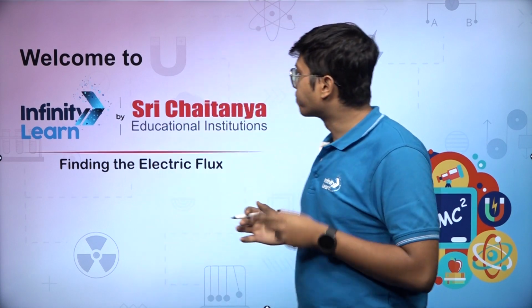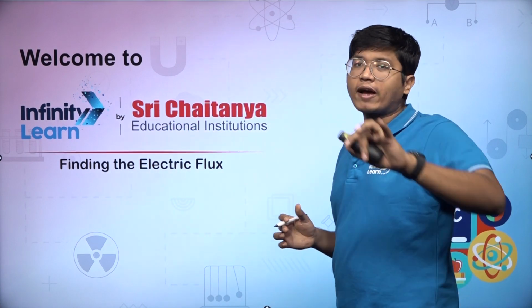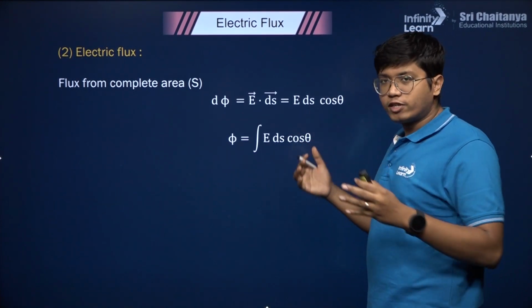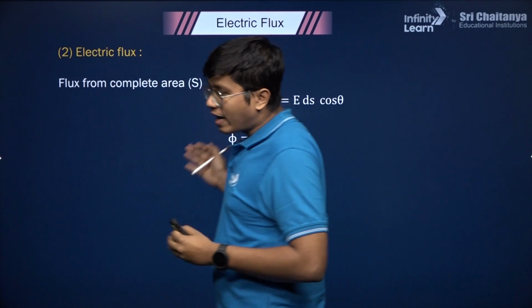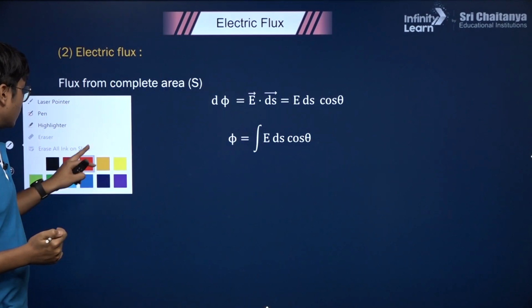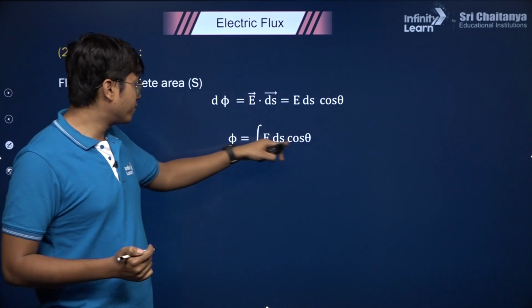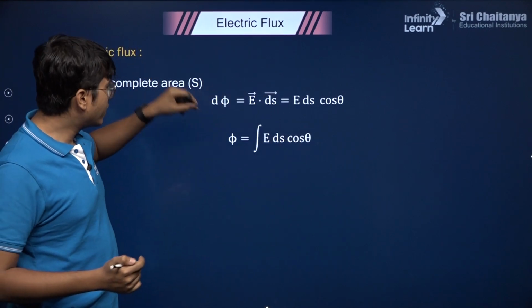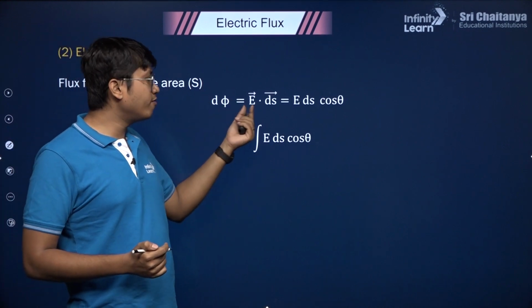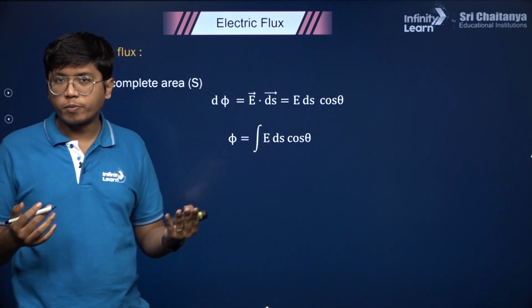So let's move ahead. First up, the most basic way of finding the electric flux is through its original equation, which is the very definition of flux: phi is equal to E into A. This is the integral form, where if you take a small piece in differential form, you have d phi is equal to E dot ds. It's a dot product.